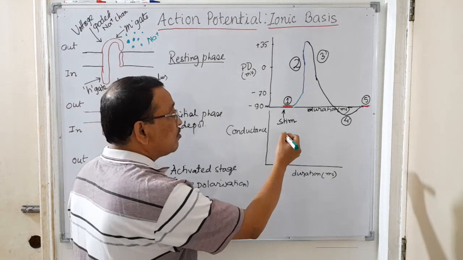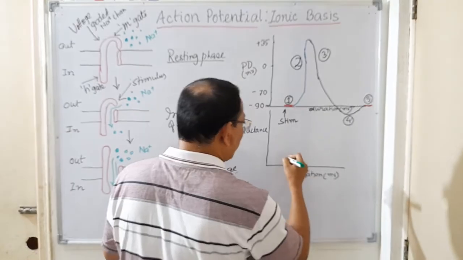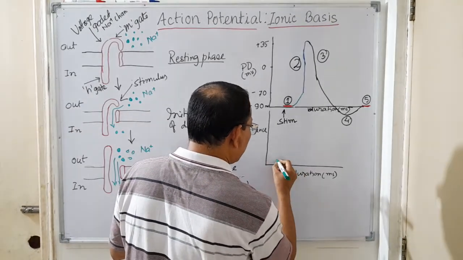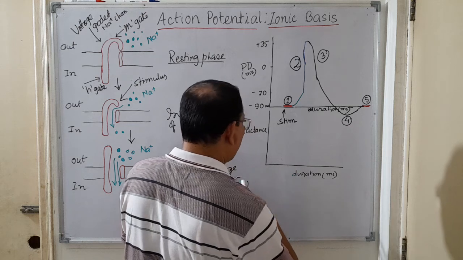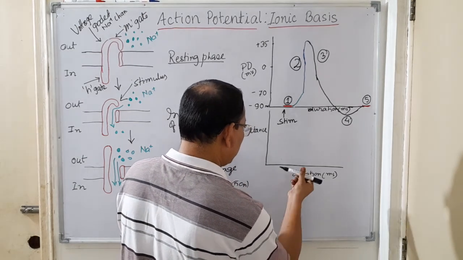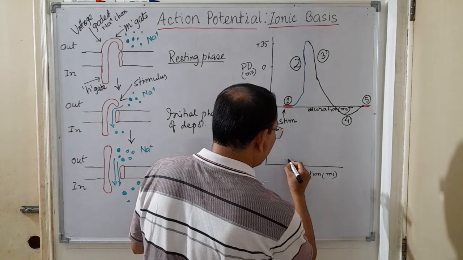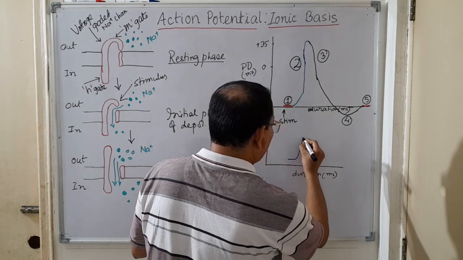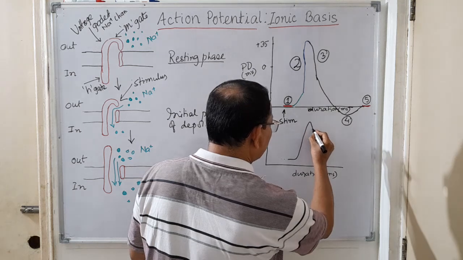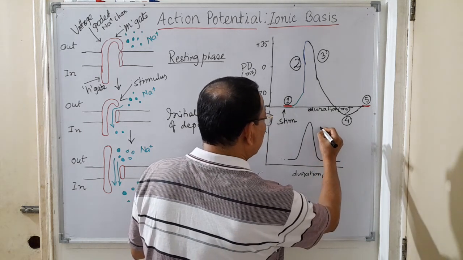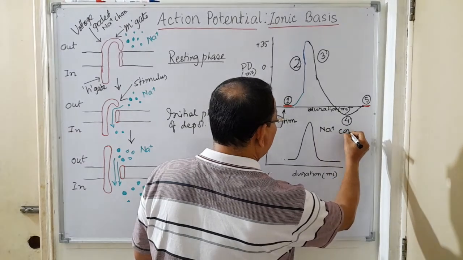So if I put the graph of the sodium conductance, the curve will be like this. So this is about the sodium conductance.